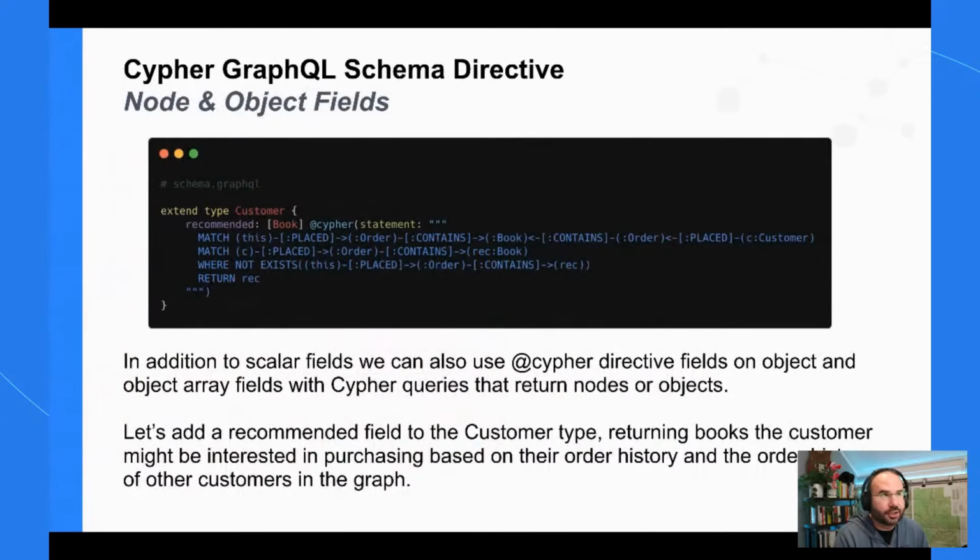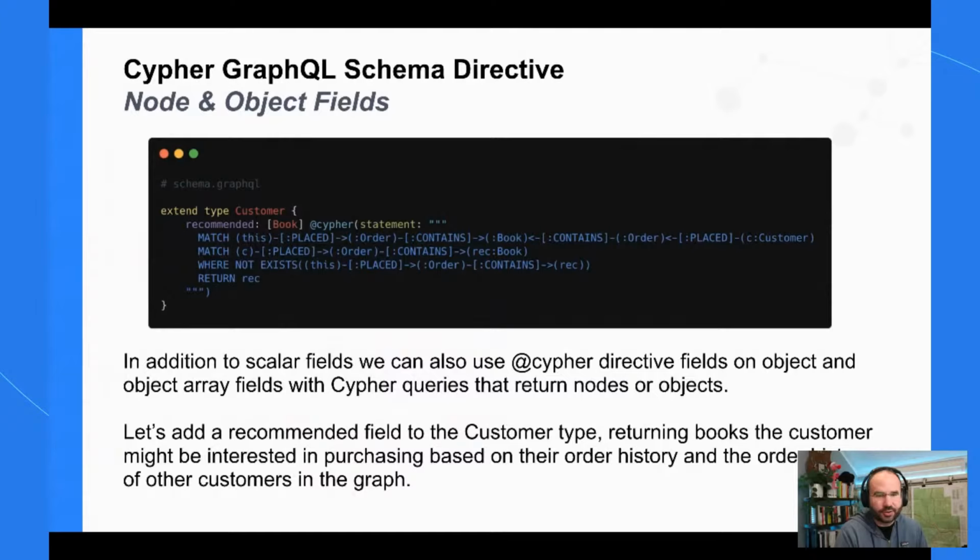We can also return node and object fields. So here we are finding personalized recommendations for a specific user using a collaborative filtering query in Cipher. So this is for a customer looking at what books they've ordered and other users that have ordered the same books that this user has not ordered. Those might be good recommendations.